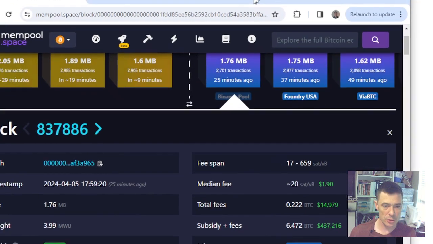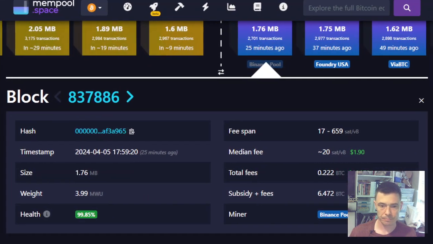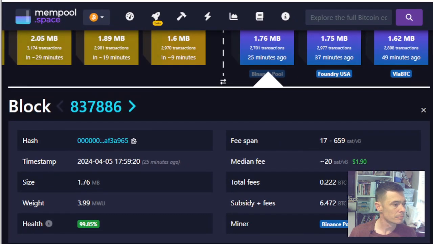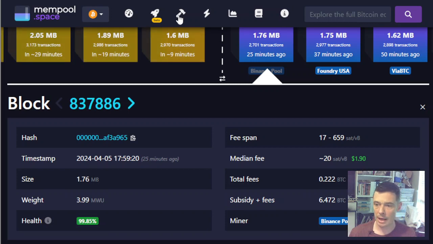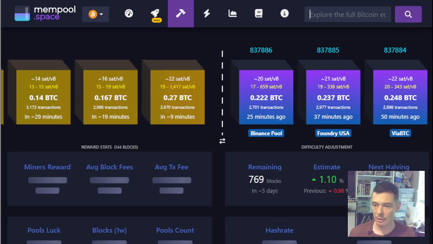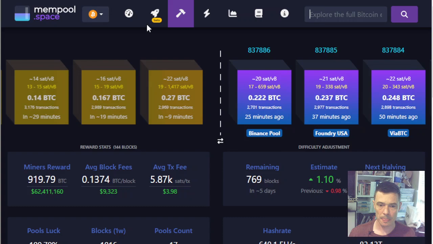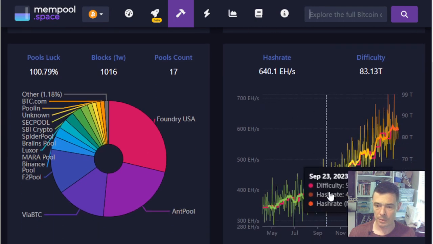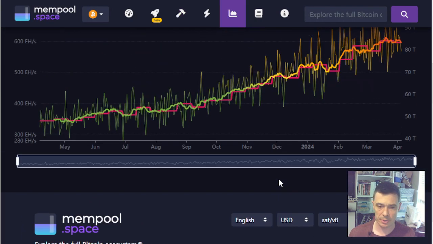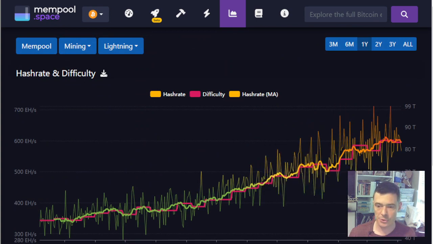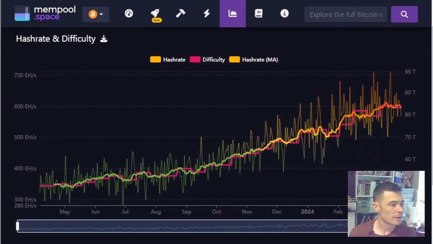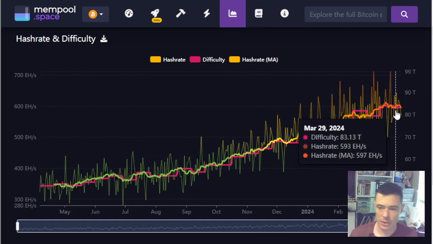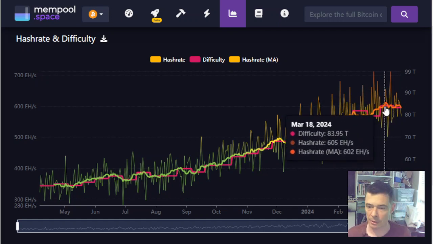So back to mempool again. Okay, we're going to look at the mining. And this will show us a graph here on the hash rate. Okay, so it looks like it's showing up as a dark pink or a red.